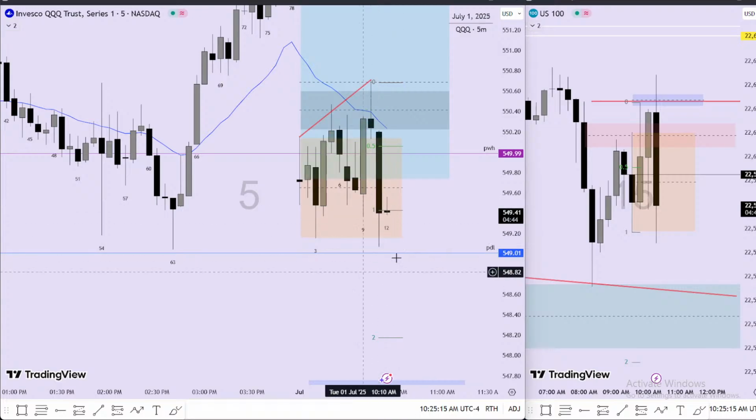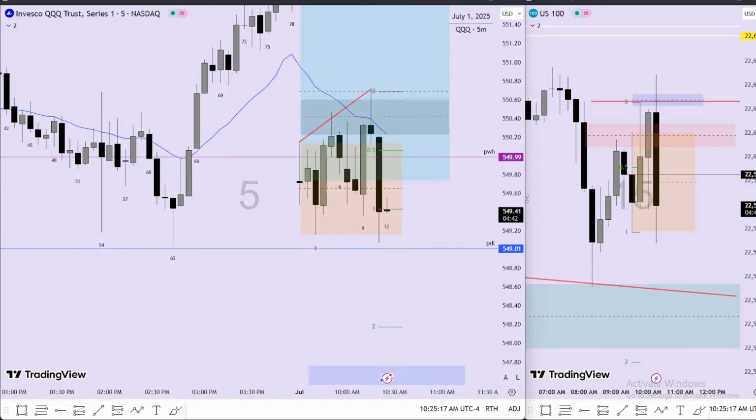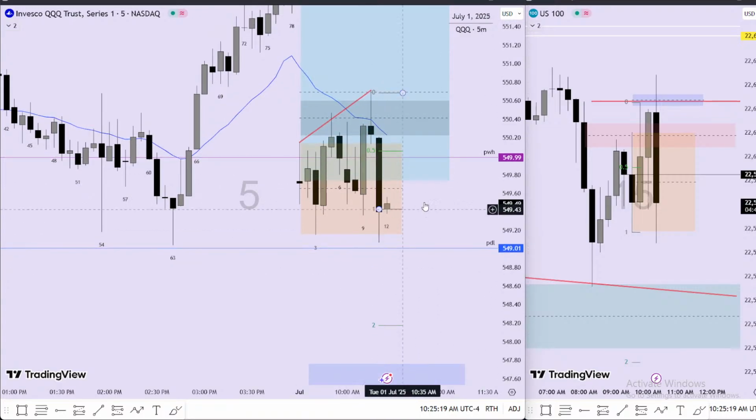It needs a good follow through. Otherwise, it's all going to waste. We have 5 minutes till the first hour of the regular trading hour session is going to close.